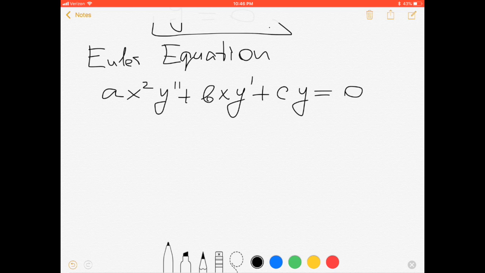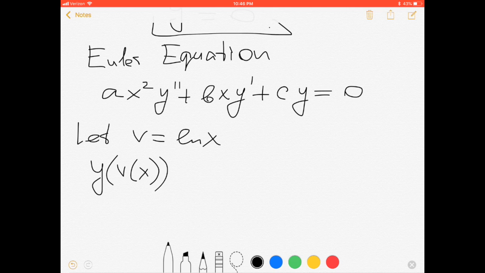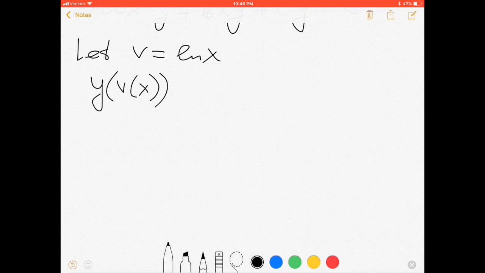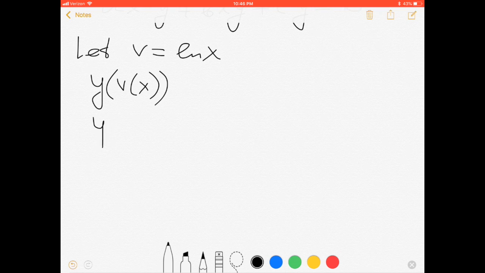Okay. And now we're doing this kind of substitution. Let v be the natural logarithm of x. And our function y now works like a function of v, which depends on x. What does this give us? What will be the first derivative?